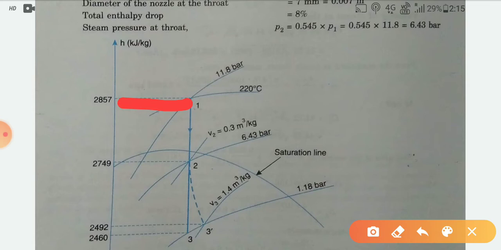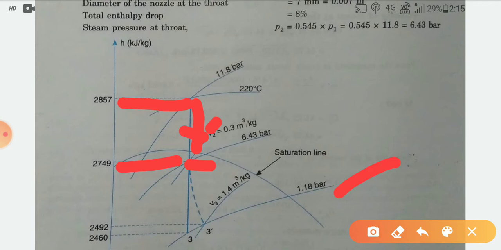2857 kilojoule per kg, and at the point where the steam expands isentropically, it cuts the pressure line 6.43 bar. At that point you can find the enthalpy, 2749, and finally the pressure at the exit point of the nozzle is 1.18 bar.